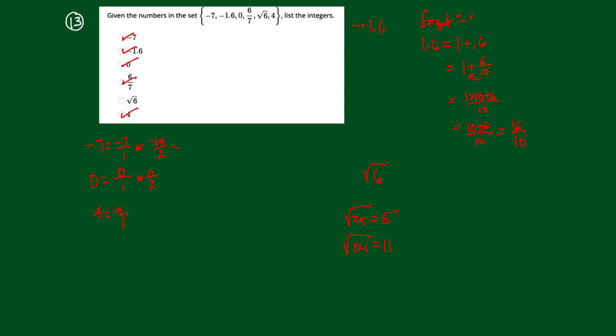That's an integer. But the square root of 6, I can't get an integer out of this, right? This is not an integer. And if it's not an integer, then it is not a rational number. So I'm going to claim now that this up here at the top left is not a rational number.